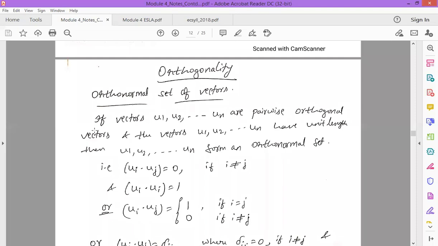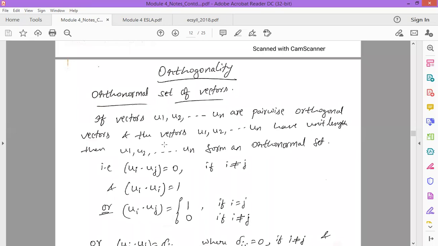As we know, orthogonal represents perpendicular. To verify that, we can take the dot product of the two vectors. If the dot product of two vectors results in 0, then the two vectors are perpendicular to each other.